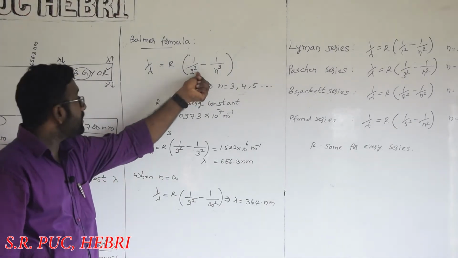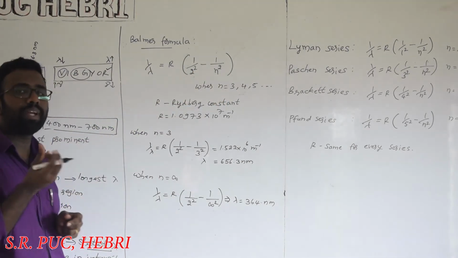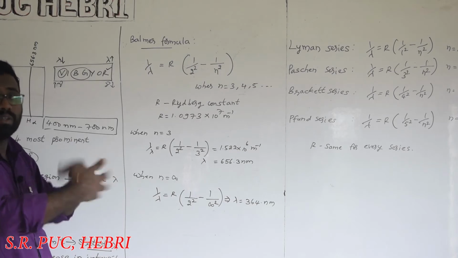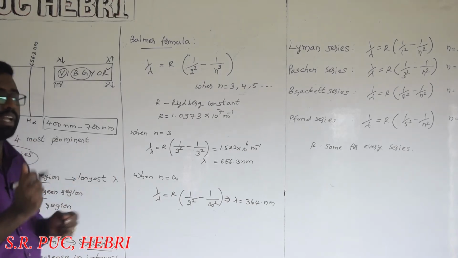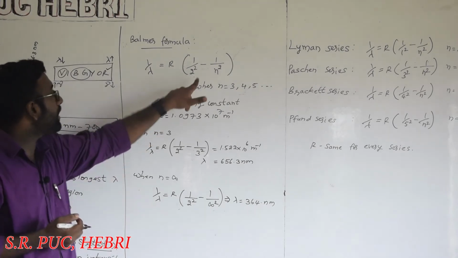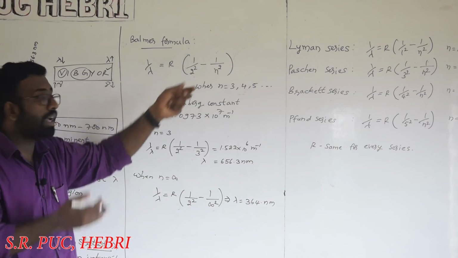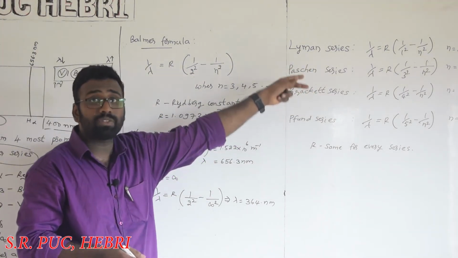Why this 2 square and n square? You will get to know that idea properly as we proceed over the next topics. I'll be discussing a very detailed idea about the hydrogen spectrum. At that time we'll come to know very clearly why you have this 2 over here, and you can see some kind of formulas on the other side also.